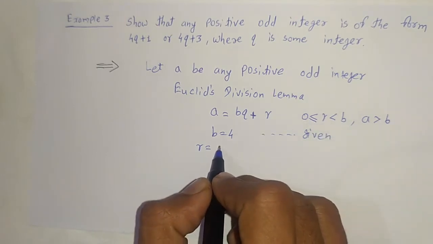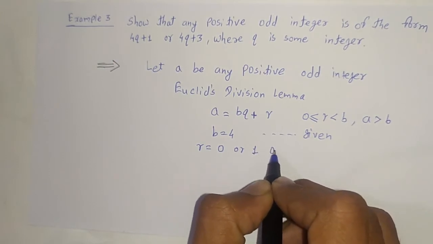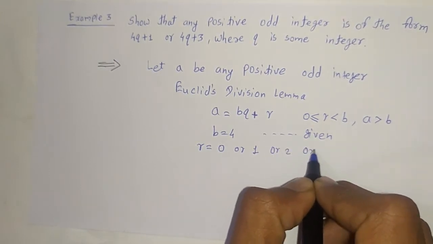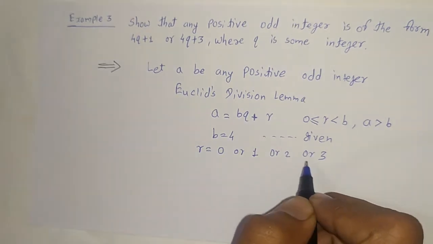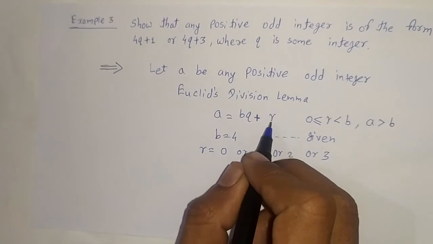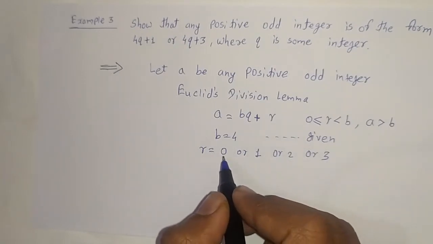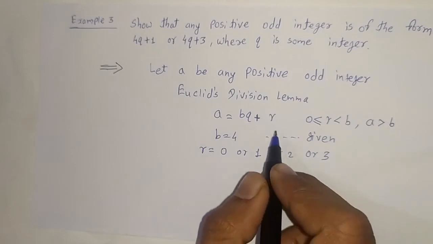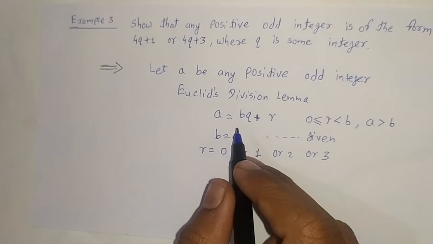So the value of r will be 0 or 1 or 2 or 3. So any of these 4 values can be assigned for r.